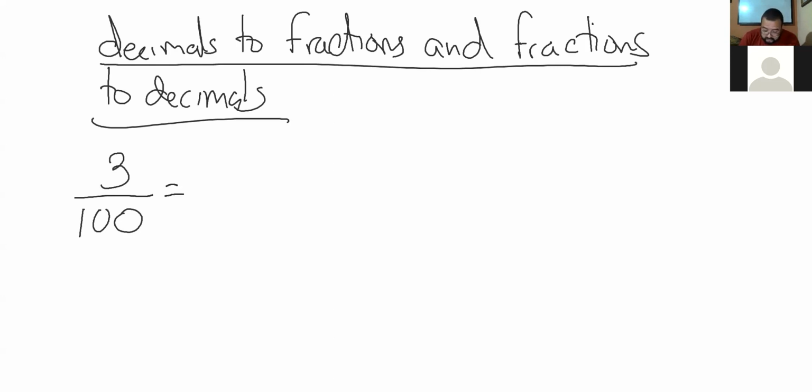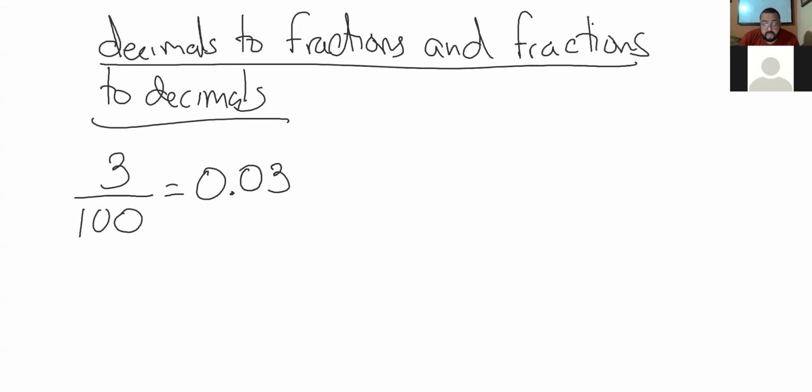How do we convert this to a decimal? Remember, we said that if the number down below is a 100, it has 2 zeros, and the decimal is going to have 2 decimals. So it's 0 point. Remember, we need to have 2 decimals. And the number is 3. So before you write the 3, write a 0 and then a 3. So 3/100 equals 0.03.